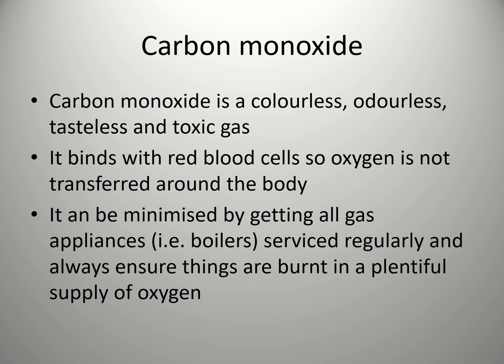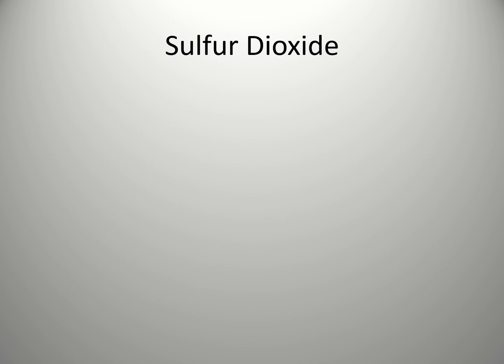So you need to be able to briefly explain how you prevent such things happening in the home. It's about getting boilers serviced regularly. That makes sure that there are no blockages in them, there's plenty of oxygen getting to them, and therefore there is no build-up of carbon monoxide in your home.